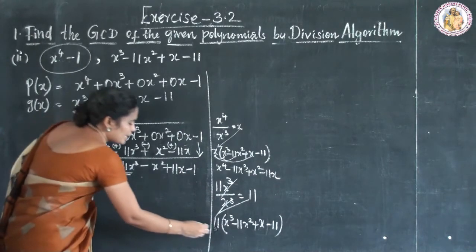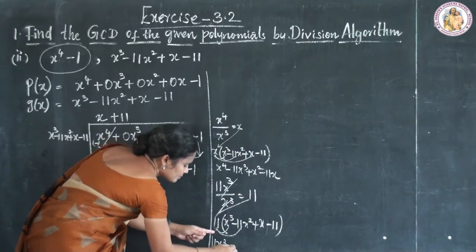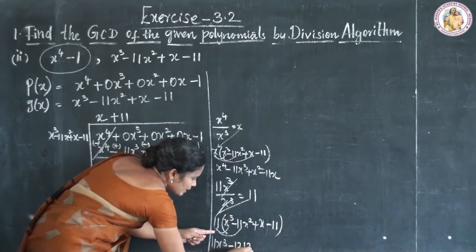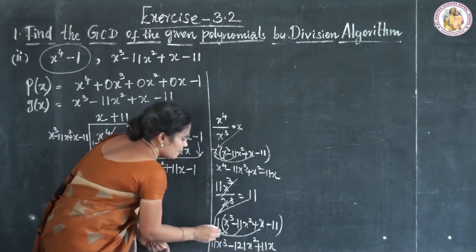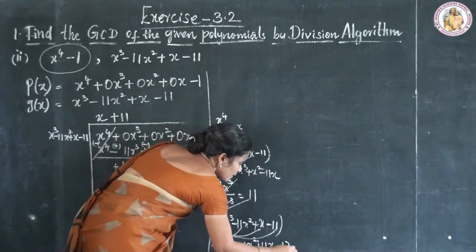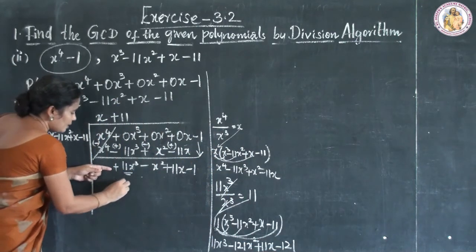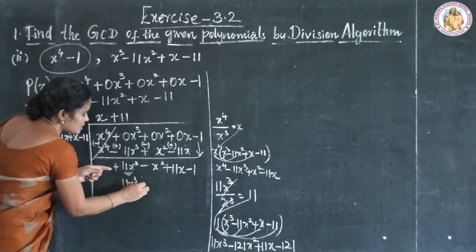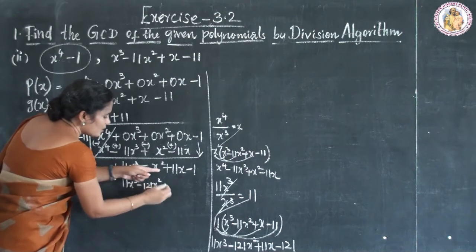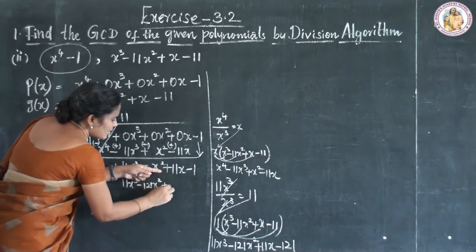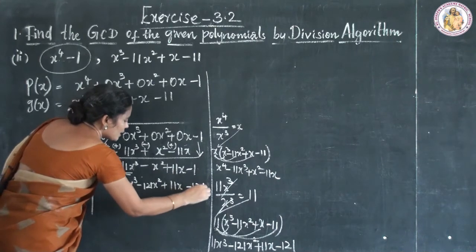Now multiply 11 into x cube, 11x cube, 11 into 11, 121x square, 11 into x, 11x, 11 into 11, minus 121. Alright, 11x cube minus 121x square, then plus 11x minus 121.